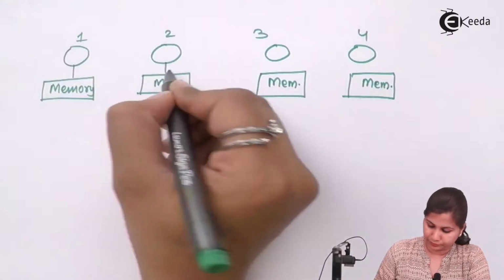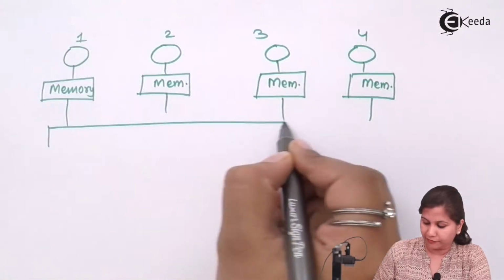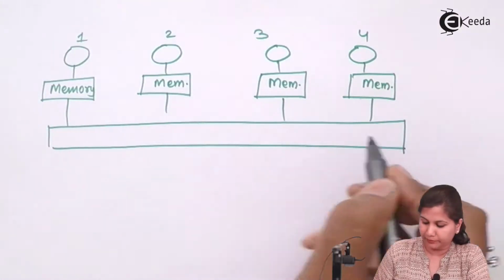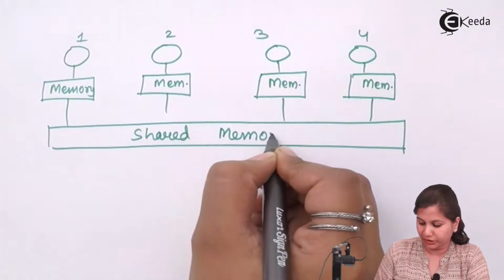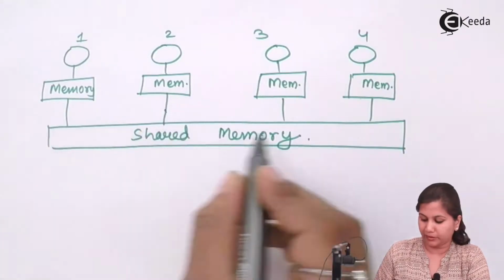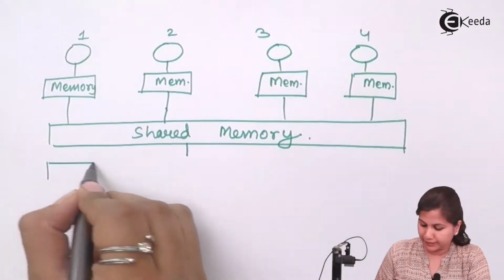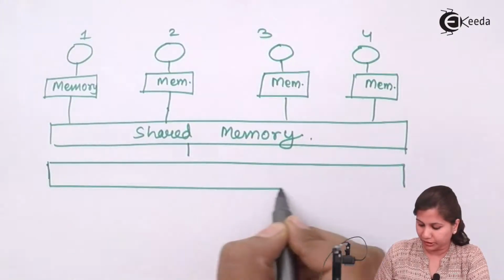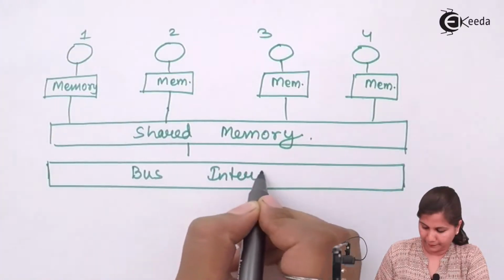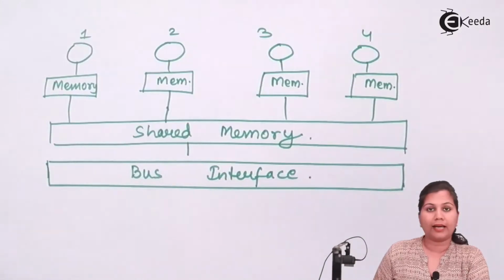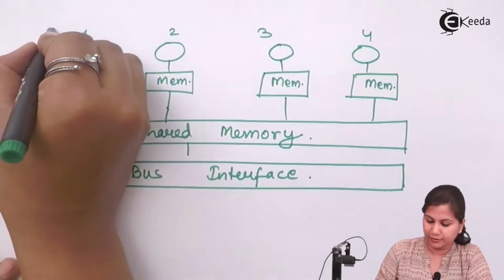Also, these processors will have a common shared memory between them, so that if any information is to be transferred between them, then with the help of this memory they can transfer the data. Also, they will have a bus interface for communicating with each other. And all this part is present on the single chip.